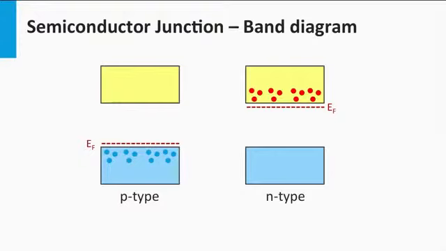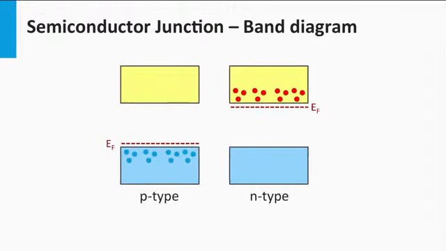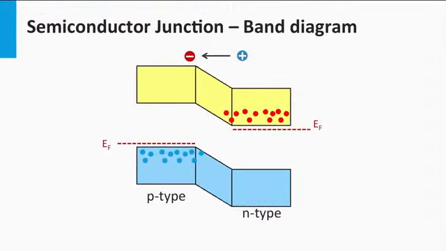Important to know is that the relative position of the electronic bands, like the conduction and valence band, to the Fermi level remains the same. This means that the mechanism of equalizing the Fermi level will move and bend the conduction and valence band. This is demonstrated in this animation.